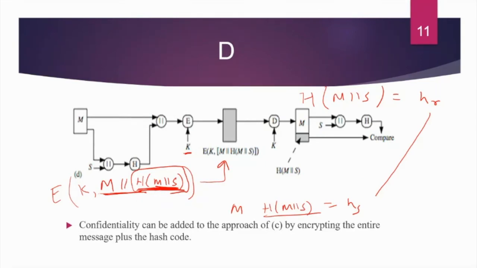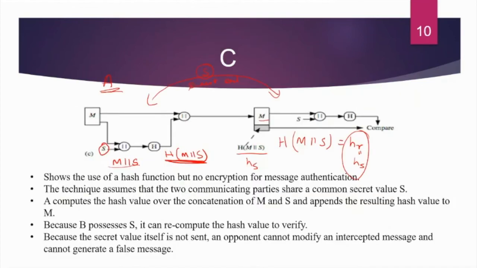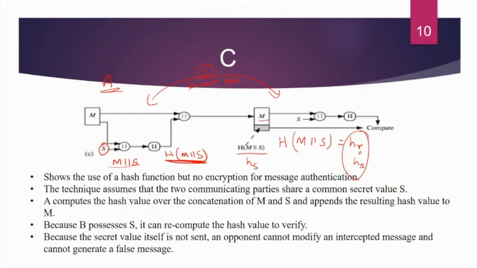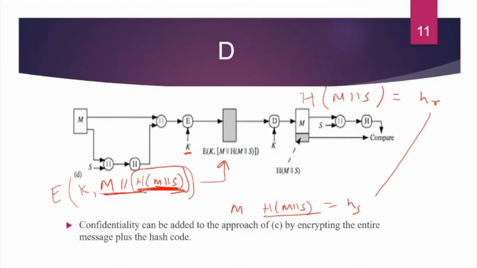Whenever you need confidentiality also, you have to incorporate encryption on the message. In cases where you need only authentication and no confidentiality, you can use B or C depending upon the situation. If you have the key, you can go for encryption. If you have a shared secret code, you can go with this method. So these are the 4 variants of hash functions.